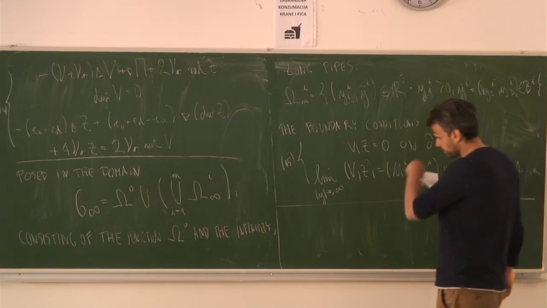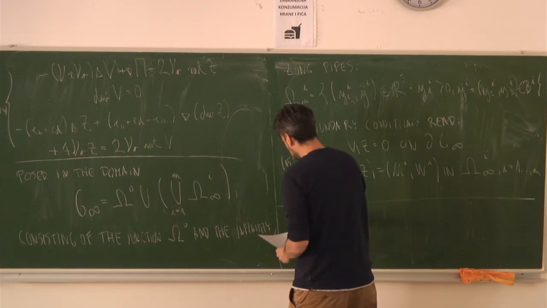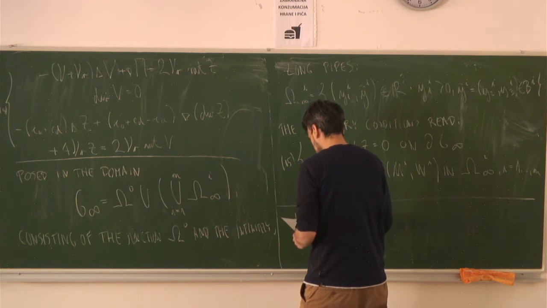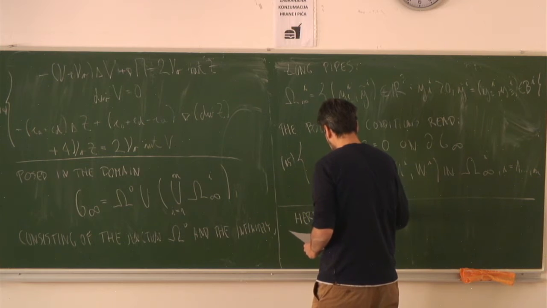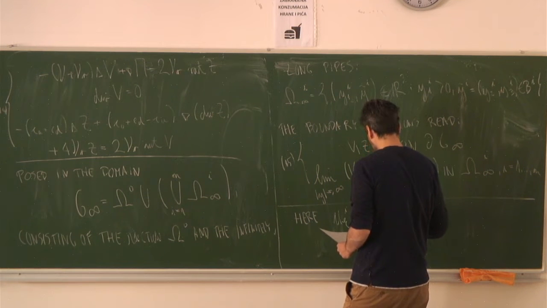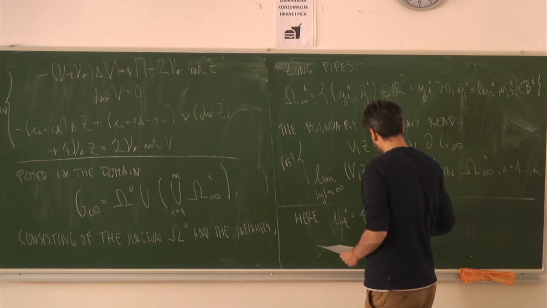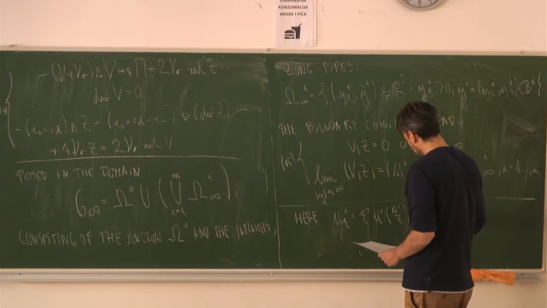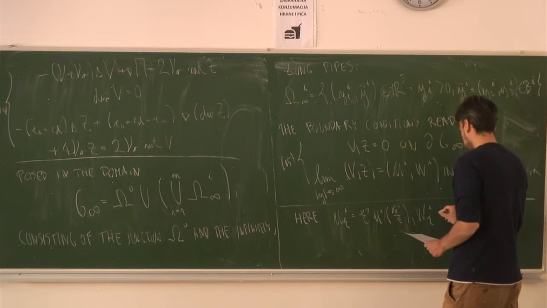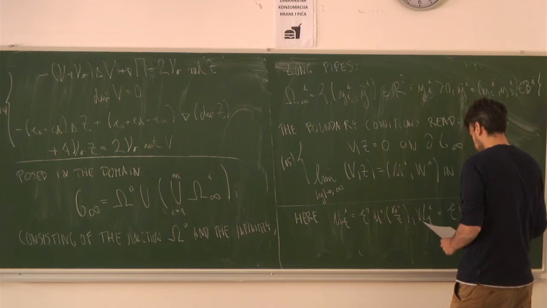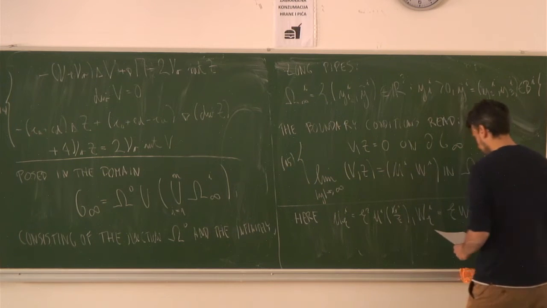Of course, as I mentioned, u epsilon I is epsilon squared U i of x star I over epsilon, and the epsilon I is epsilon V i of x star I over epsilon.